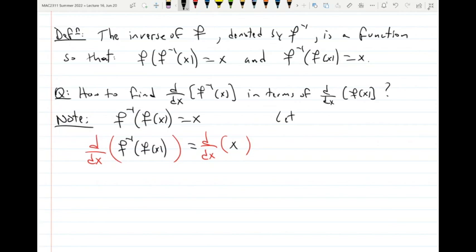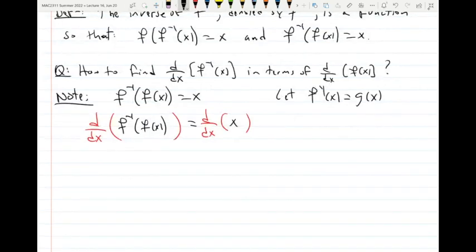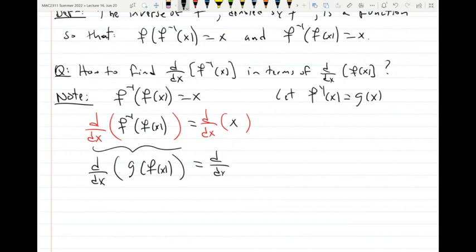So let f inverse of x, let's call it a new function g. So really what we have here is the derivative with respect to x of g of f of x. Okay?